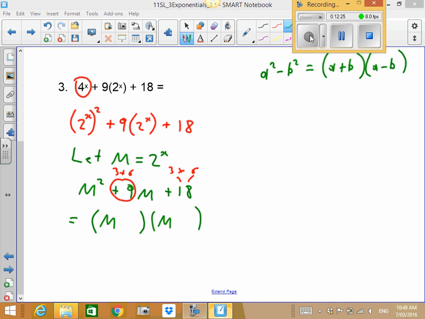So we can write m plus 3 and m plus 6. We should always check by expanding. m times m is m squared. m times 6 is 6m plus 3m is 9m, and 3 times 6 is 18. So that works.